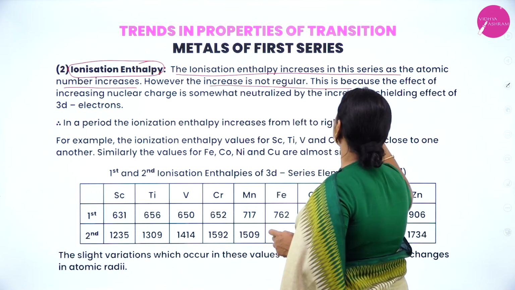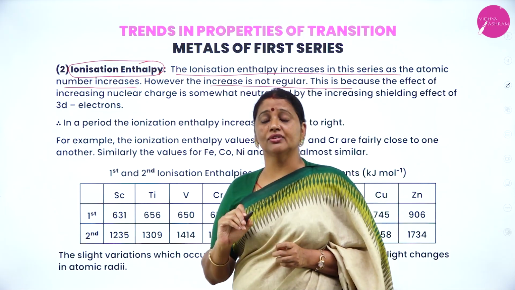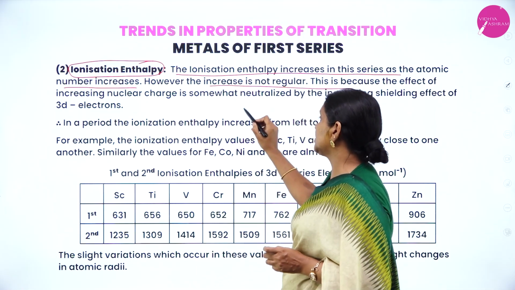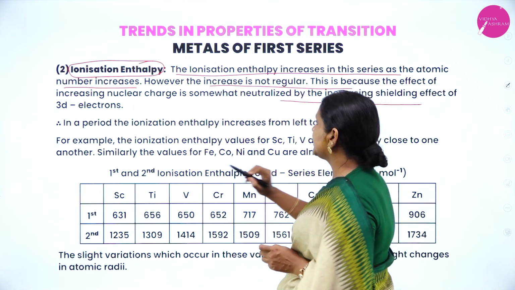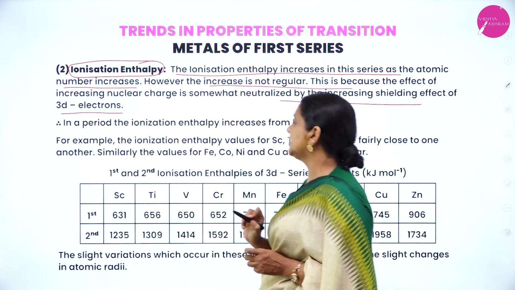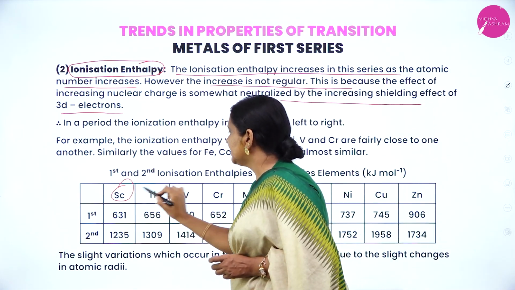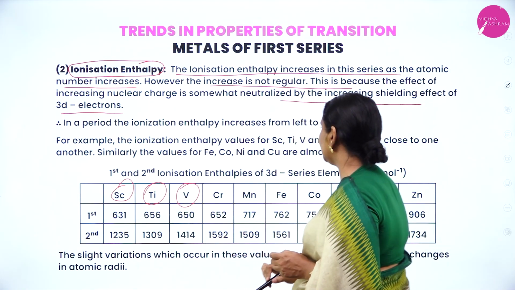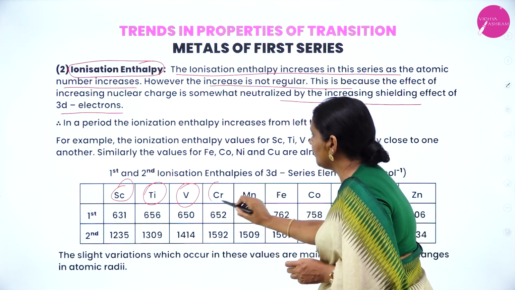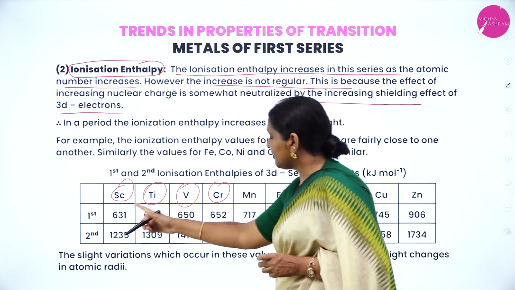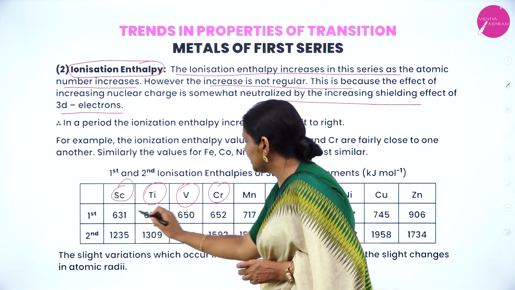However, the increase is not regular because the effect of increase in effective nuclear charge is somewhat neutralized by the increase in shielding effect of the 3d series. For example, scandium, titanium, vanadium, chromium have first ionization enthalpies fairly close to each other.